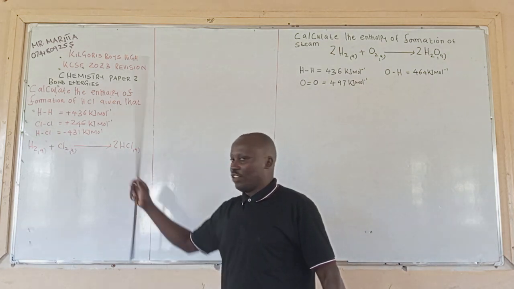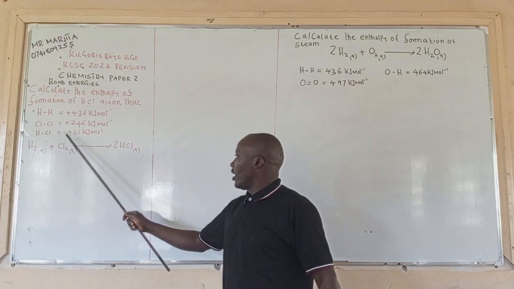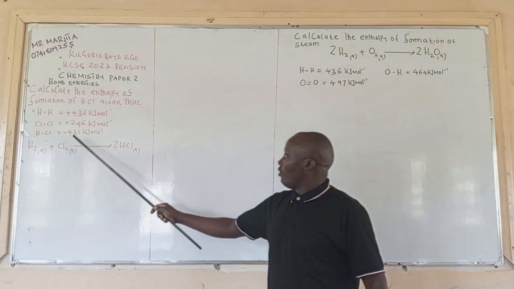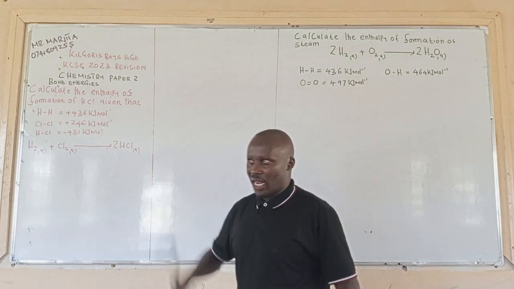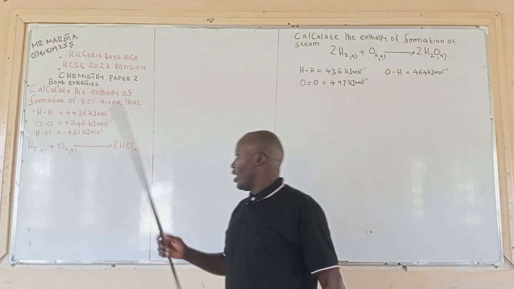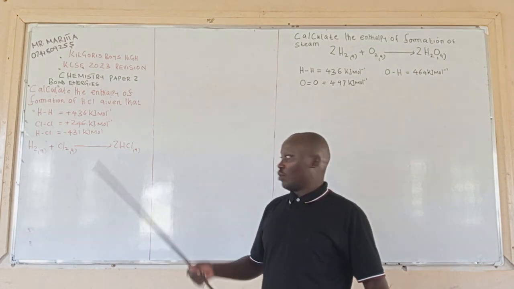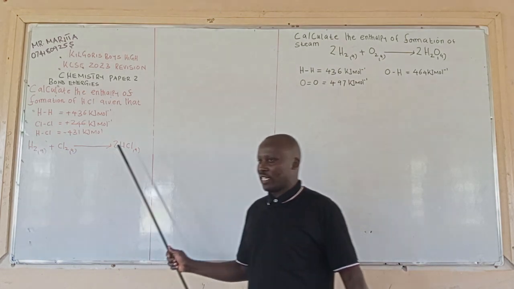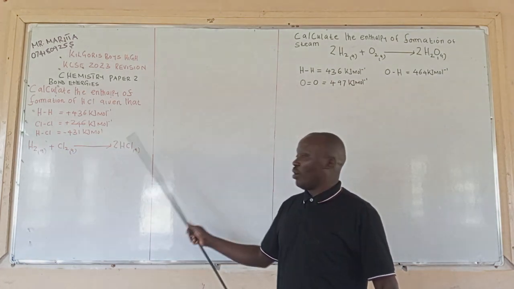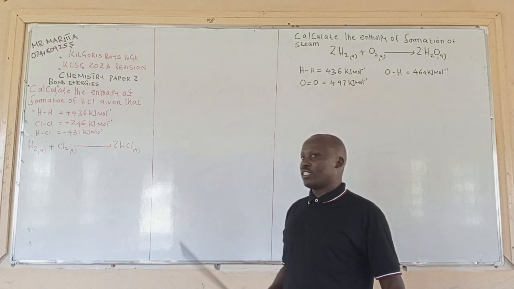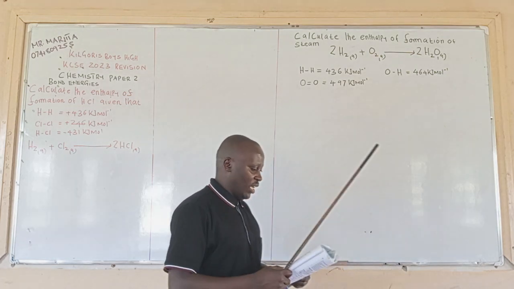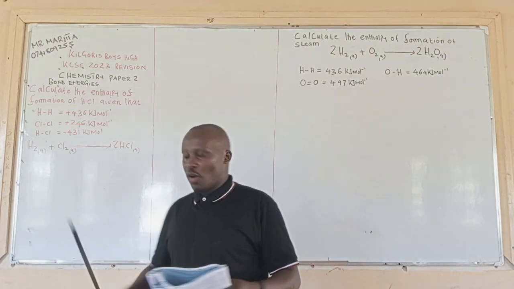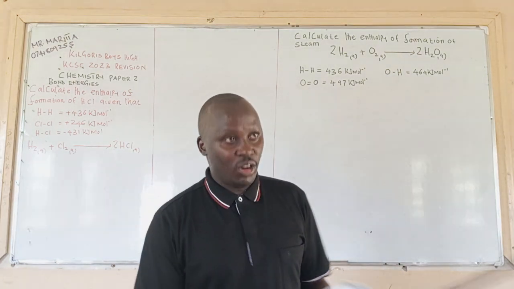And hydrogen and chlorine is negative 431 kilojoules per mole. Then we have this equation of reaction where hydrogen gas combines with chlorine gas, and it forms 2 moles of hydrogen chloride gas. So you need to find the enthalpy of formation of hydrogen chloride.